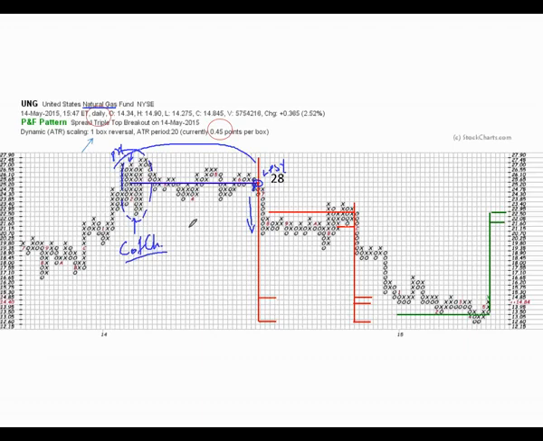So we go across to where we have that first test. And so I always count to the test and not to the original high, because that's the first place that it's proven to us that sellers are present and they're selling natural gas from that point downward.